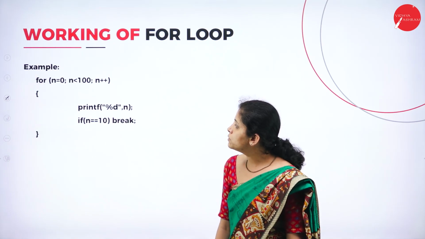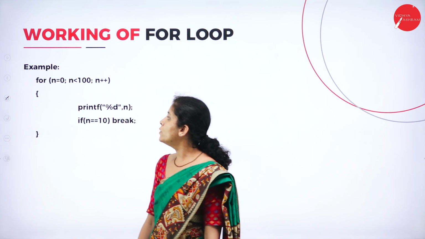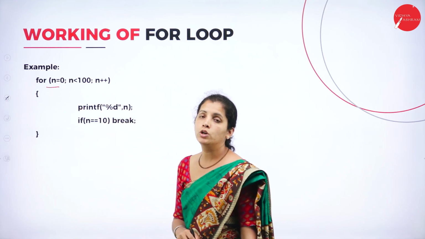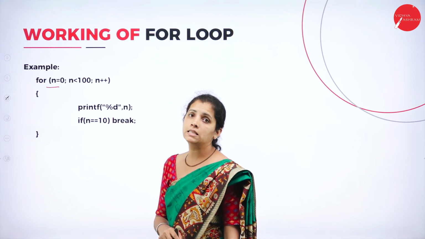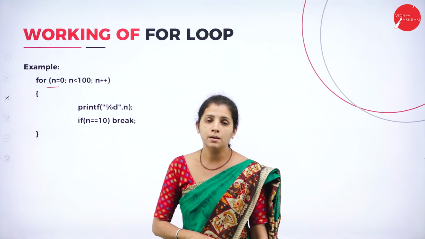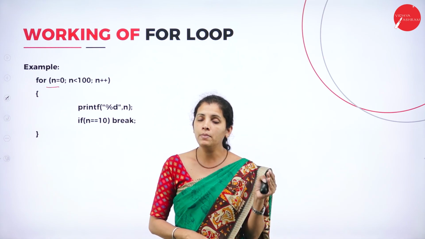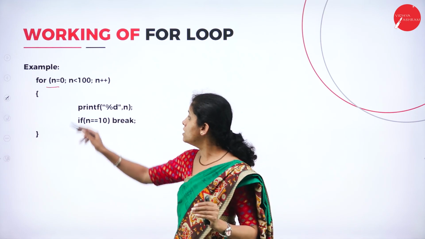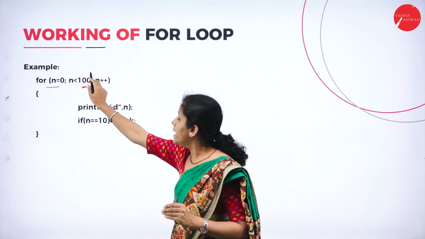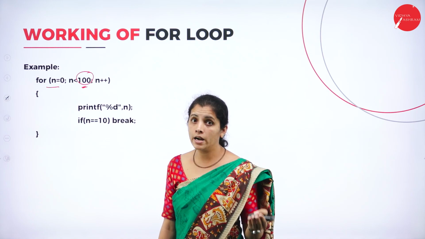Now, let me consider a small snippet here. That is, I'm going to have a for loop with n equal to 0, n less than 100 and n plus plus. That means I want to print the natural numbers. Natural numbers start from 0 to 99 because I want to stop the execution when I reach 100.